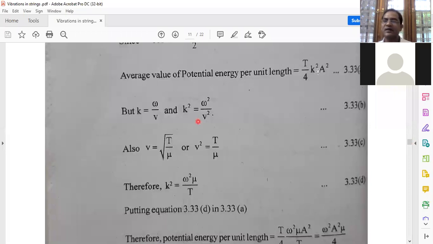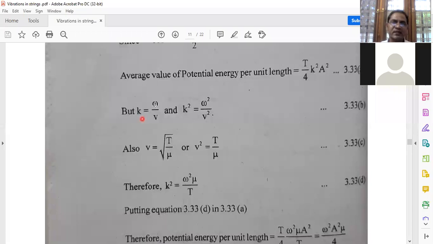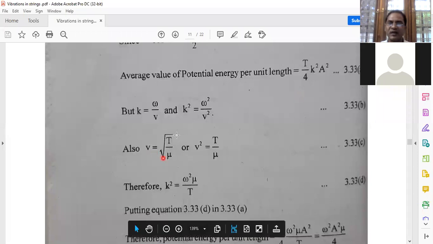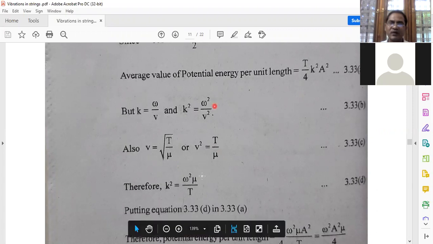Here again we change this expression into ω terms. The propagation constant k is equal to ω/v, since v = ω/k. Hence k² equals ω²/v². The velocity of the transverse wave is the square root of T/μ, so v² equals T/μ. Substituting this value, k² equals ω² μ/T.